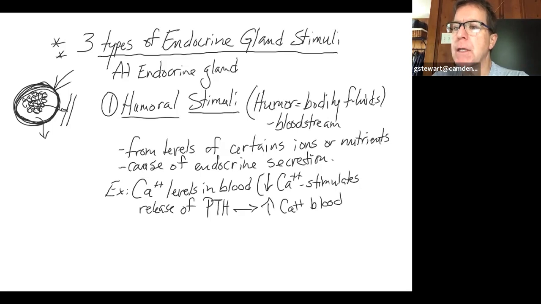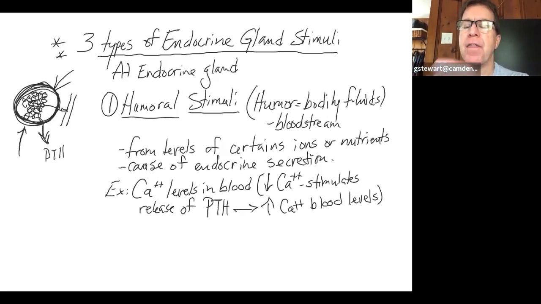So just decreasing calcium levels in the blood stimulates, so let's just say this is a parathyroid gland, it stimulates this gland to secrete parathyroid hormone. And then the actions of this hormone causes an increase in blood calcium levels. So that's a classic example of humoral stimuli.